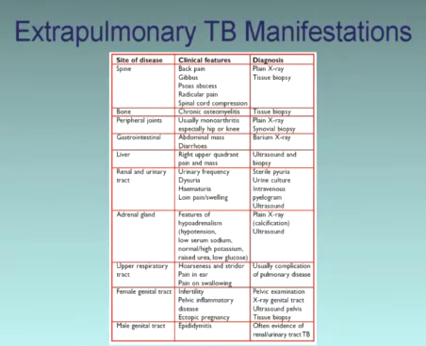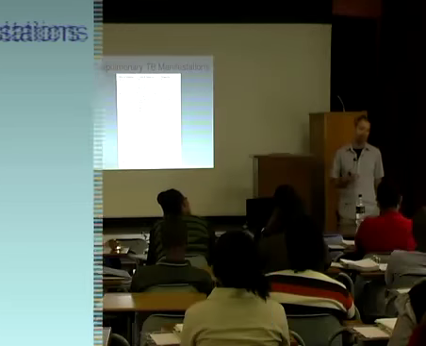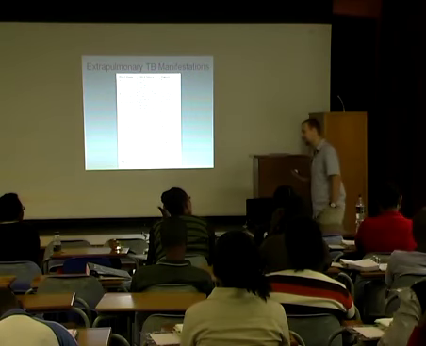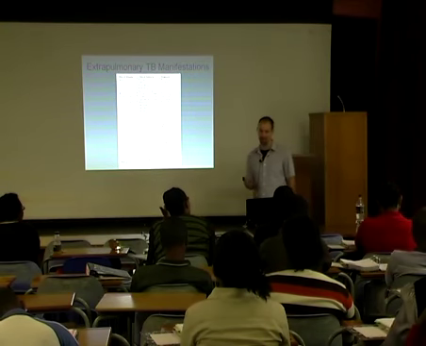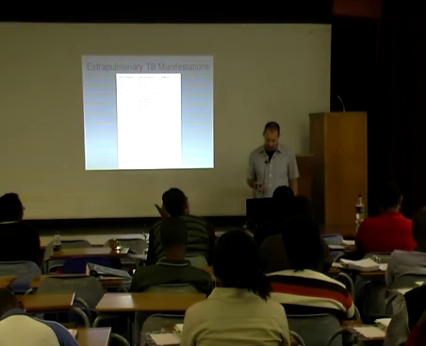So, extrapulmonary TB. Of course, we all know TB can occur in the lungs, but it can really occur anywhere else in the body as well. As a professor of mine once said, TB can actually cause anything but pregnancy. It can cause anything in the body. So TB really can be anywhere.